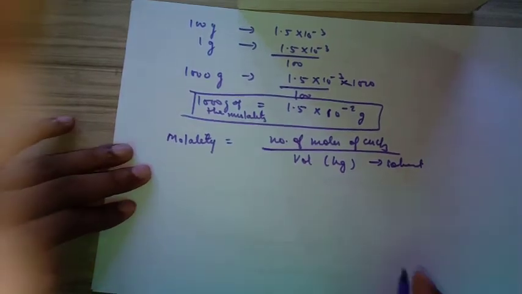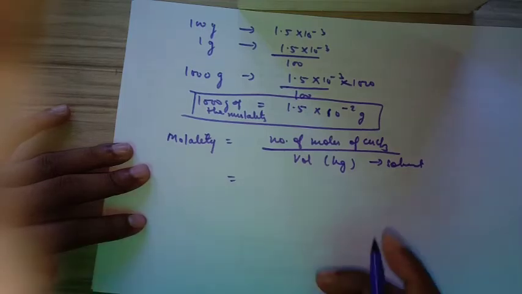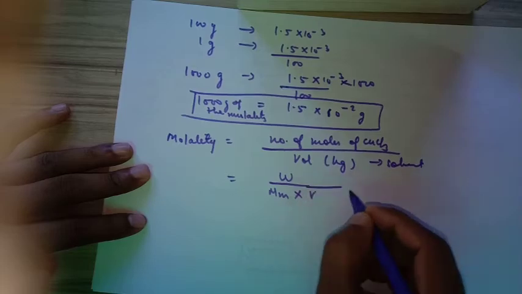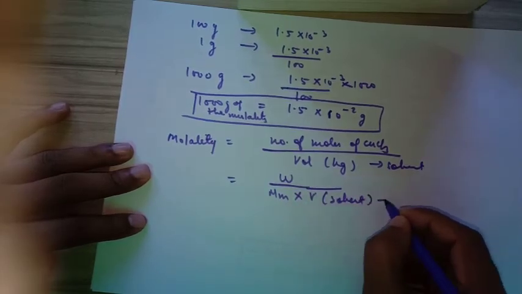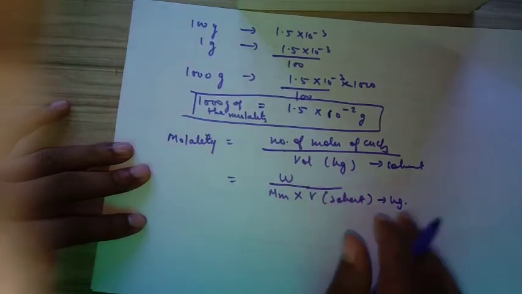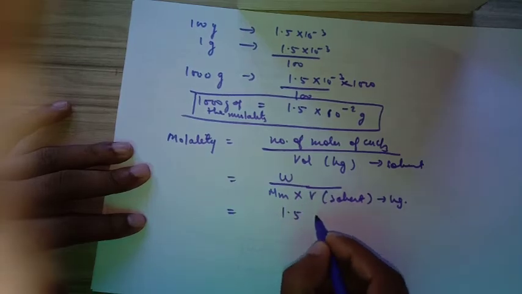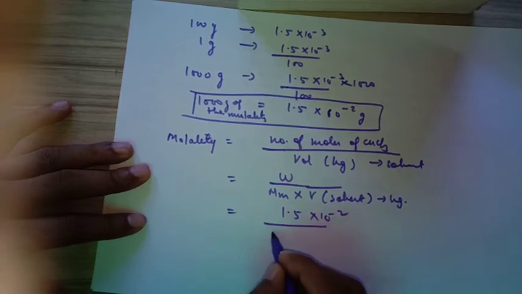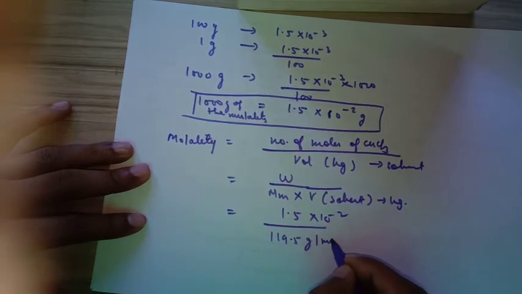Now over here, number of moles is taken as W upon M, and here the mass of solvent will be in kg. If we don't multiply by 1000, it will remain the same. So W over here is taken as 1.5 into 10 to the power minus 2, the same one, and its molar mass is 119.5 gram per mole.